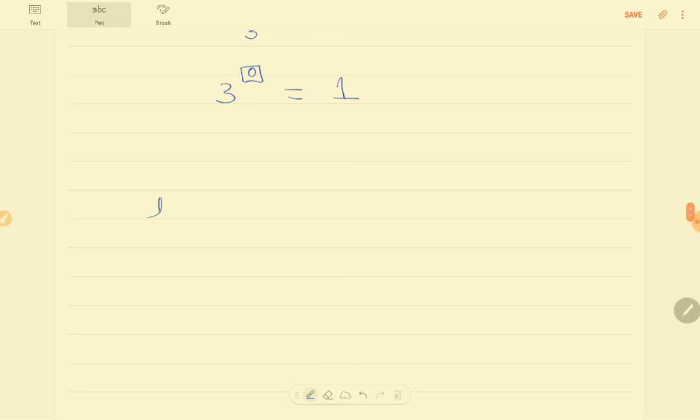How about log base 10 of 0.1? So again, we want to know what this equals.